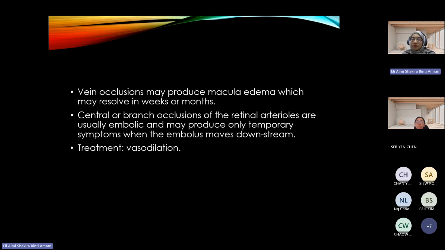Okay. If patient is having macular edema, what kind of treatment will ophthal usually do? VEGF, anti-VEGF. So anti-VEGF is one of the vasodilation treatments.